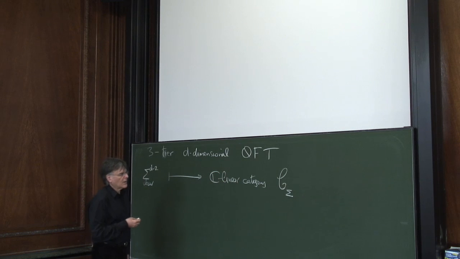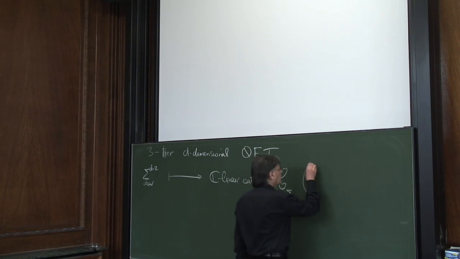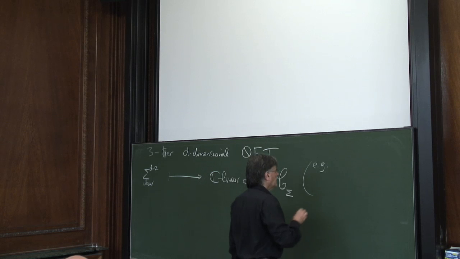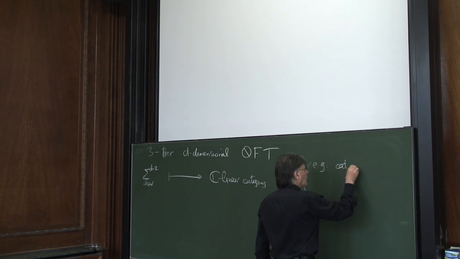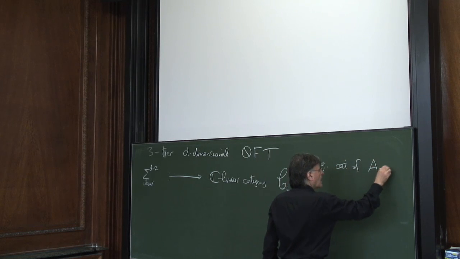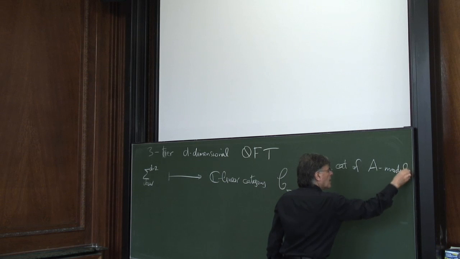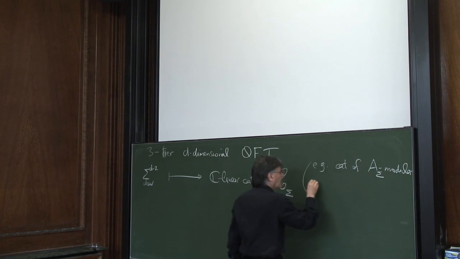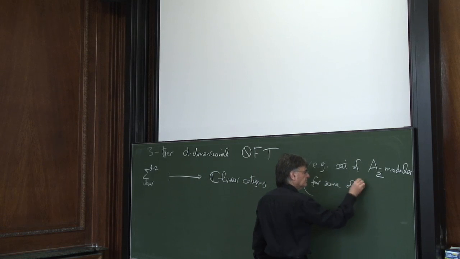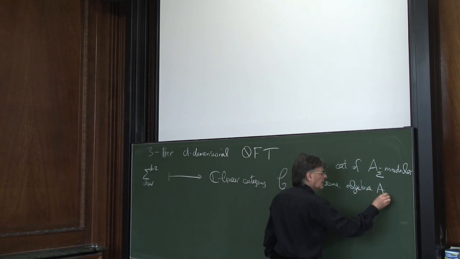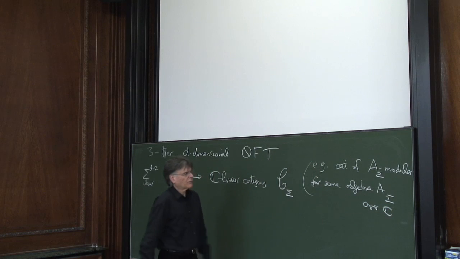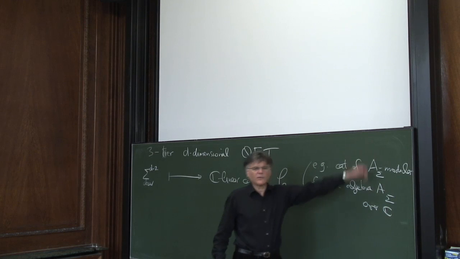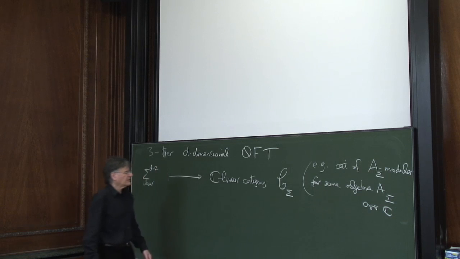So an example of the kind of thing I mean is the category of A sigma modules, for some algebra A sigma over the complex numbers. Now, of course, what kind of algebra, what kind of modules and so on will depend on the situation.